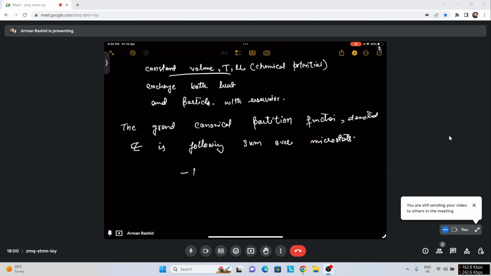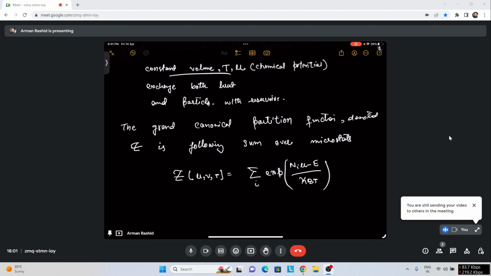So it is minus k_B T ln of Z cross, which is given over all these states. Okay, so the canonical partition function Z is given at constant potential, constant volume and constant temperature. It is the summation over all the states of exponential of (N_i mu minus E) by k_B T.